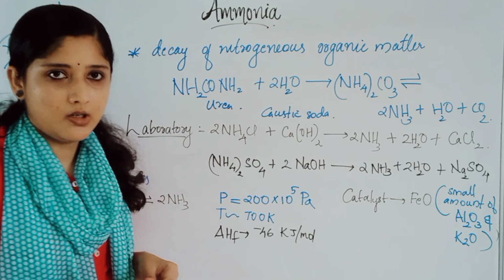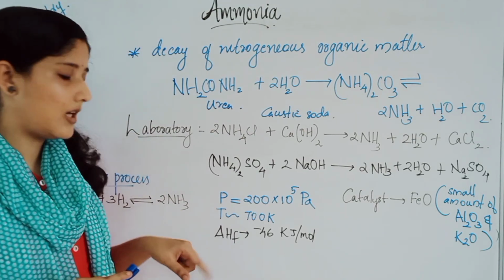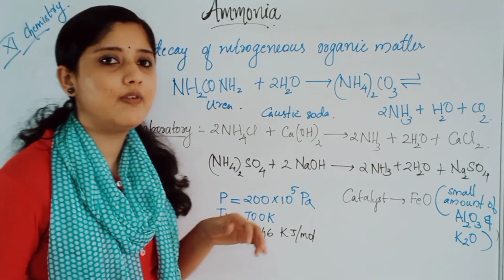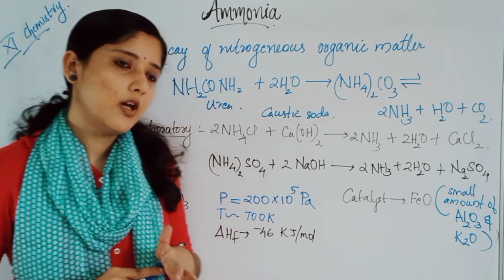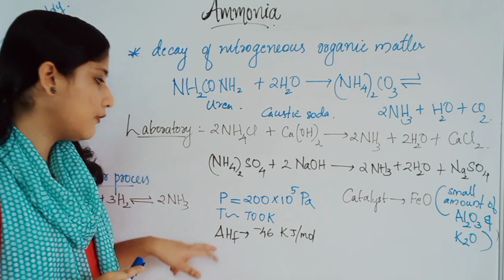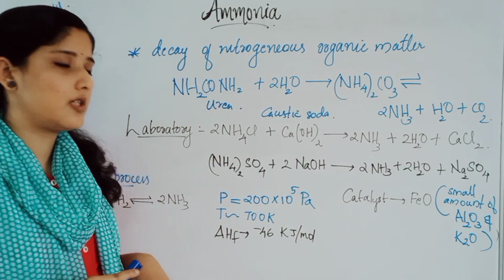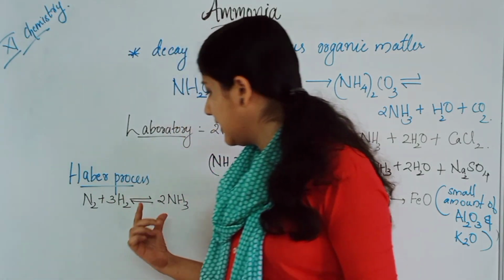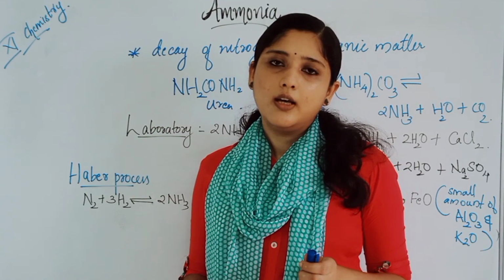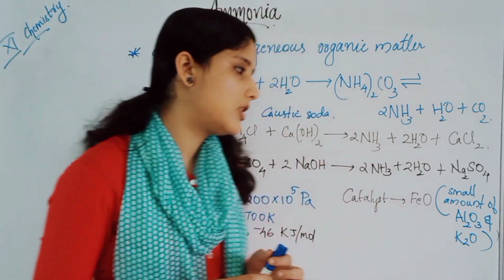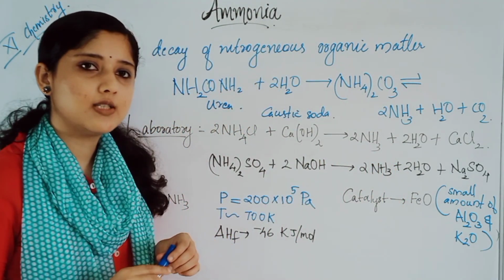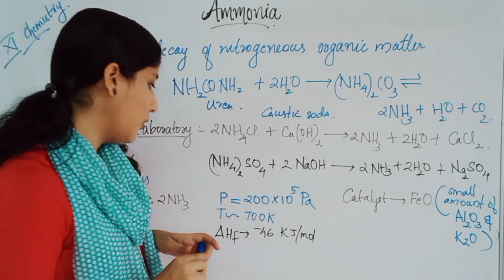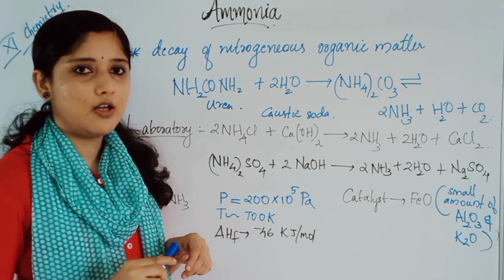We studied 773, isn't it? Approximately 700 Kelvin temperature is required for the formation of ammonia. This reaction, N2 plus 3H2 giving 2NH3, has an enthalpy of formation value of minus 46 kilojoule per mole.